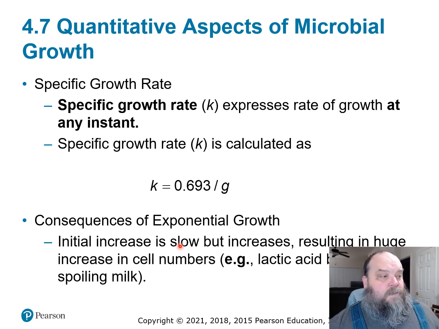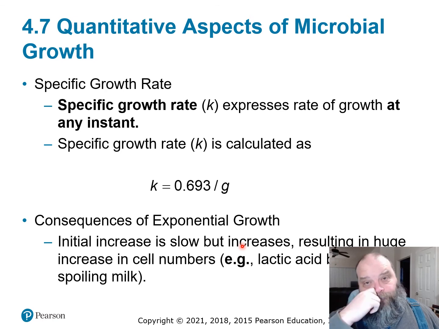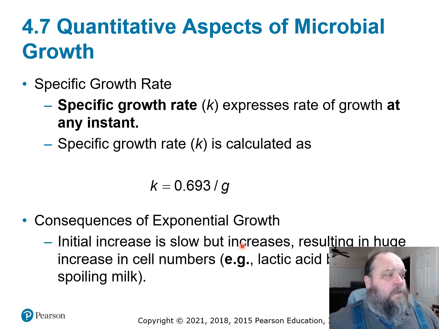Not enough of this, too much of that. Increasing and decreasing of this could be due to changes in the media that we weren't aware of. Or we're trying to see how we increase or decrease the rate. So here's my variable. I'm going to increase or decrease certain components in a defined media to see how this impacts the growth rate.